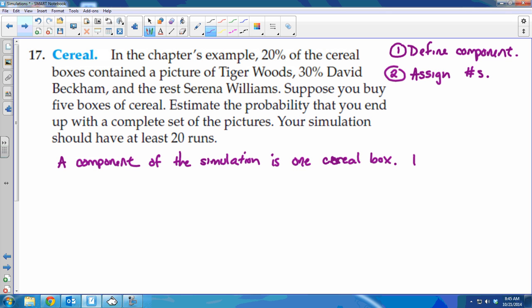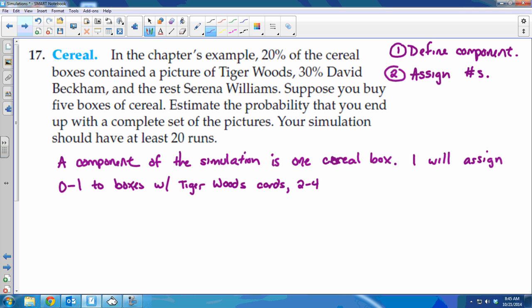So I will assign 0 through 1 to boxes with Tiger Woods cards. Uh, 2 through 4 to boxes with David Beckham cards.